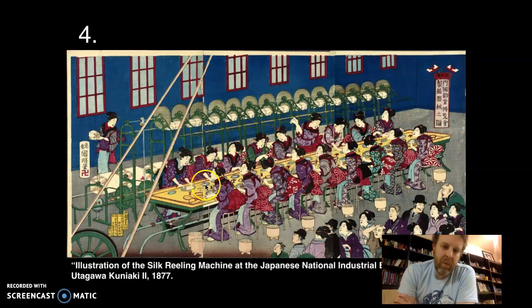While it's a little bit crowded, it seems pretty nice and clean. And obviously, this is something they're trying to show off. This is for an industrial exposition. So these are a crowd of people checking out what Japanese factories are like, and they're showing what an idealized factory would look like.